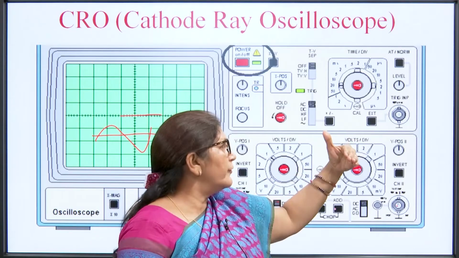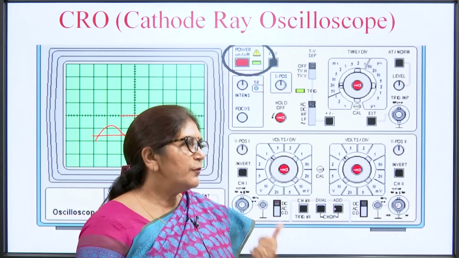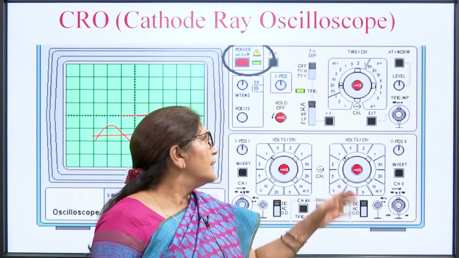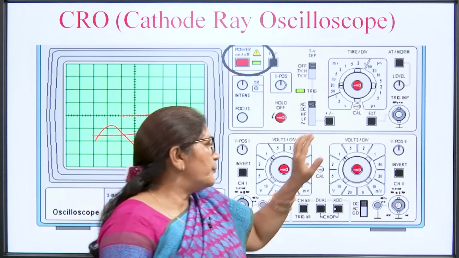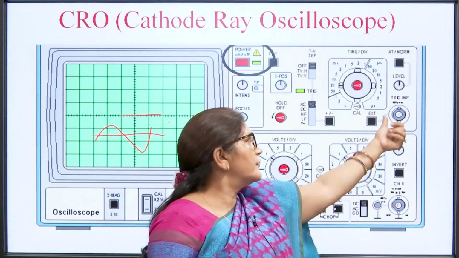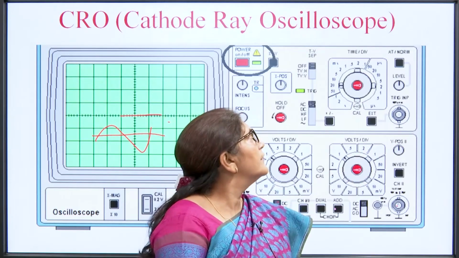This switch is out when we apply the internal synchronous signal, and if we want to apply the time base trigger signal externally, then we will put it at the external position and press it, and then we will connect the external triggering circuit at this position.